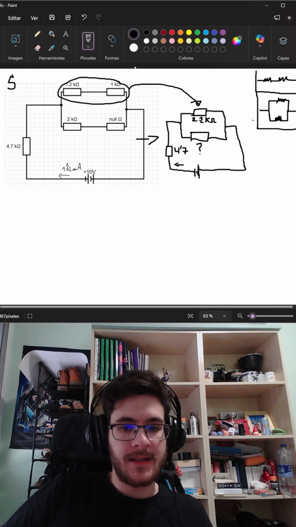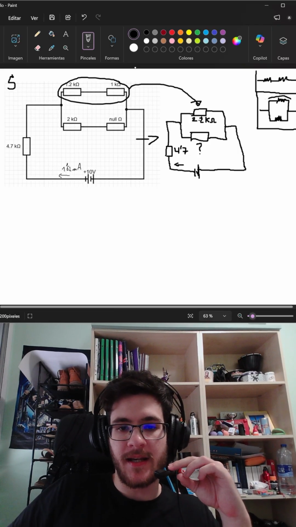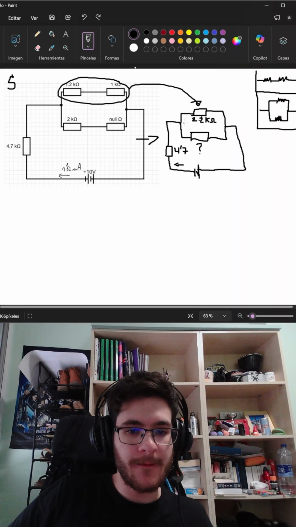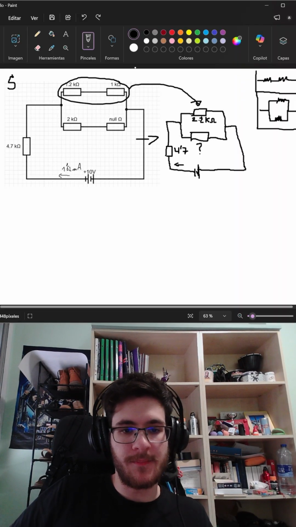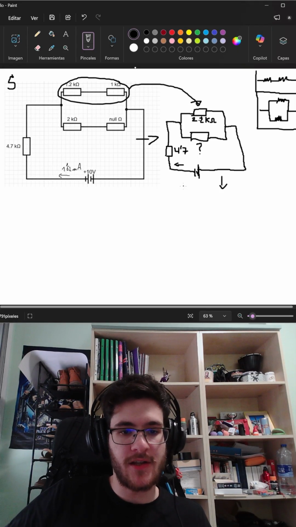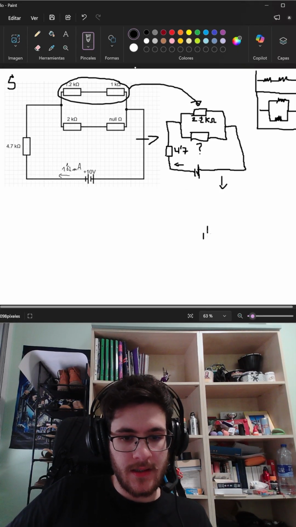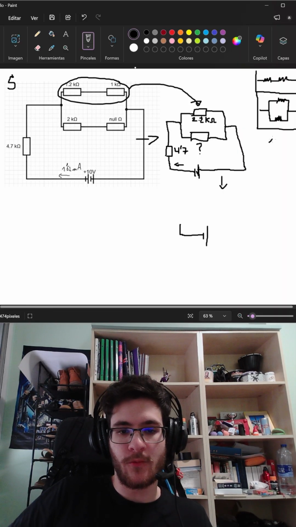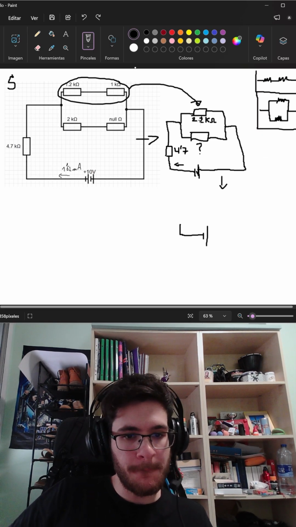Now, what pattern do we find? The parallel pattern, right? Because there is nothing in series, but we find that these two are in parallel, so we can simplify another time. To simplify this, we must do 1 divided by (1 divided by R1 plus 1 divided by R2).